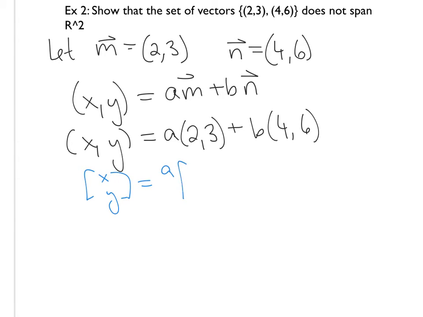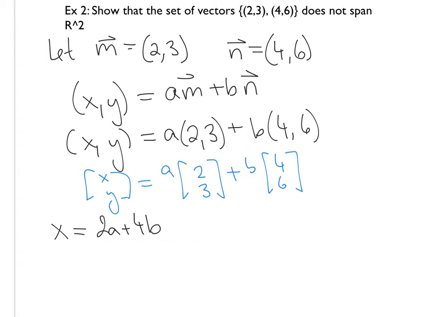So that's just going to be a times 2, 3 plus b times 4, 6. And so let's split these up into our x equations and then our y equations. So x is equal to 2a plus 4b. And for your y, you're going to have y is equal to 3a plus 6b.